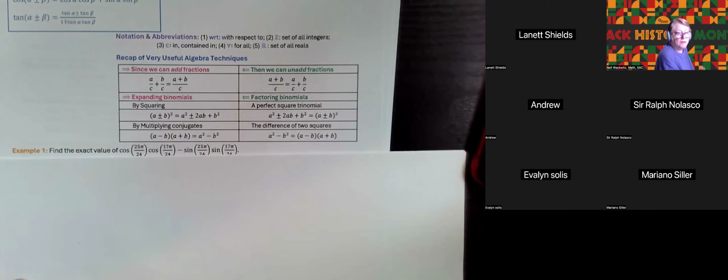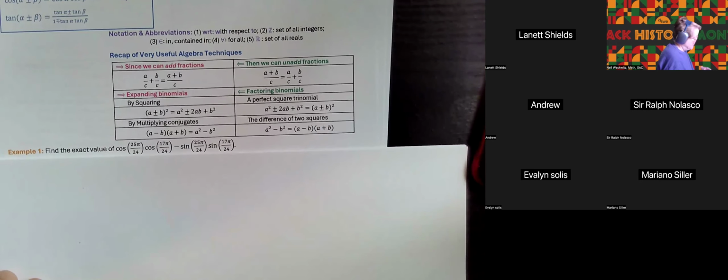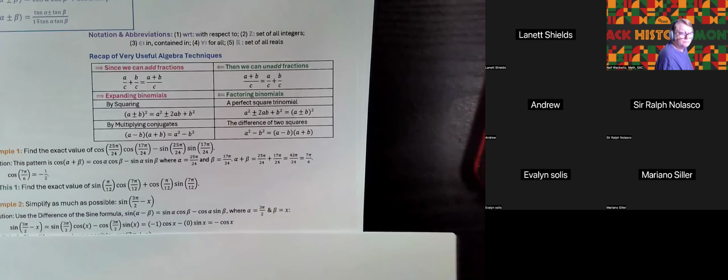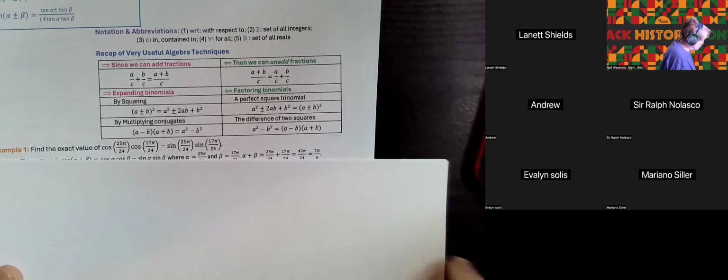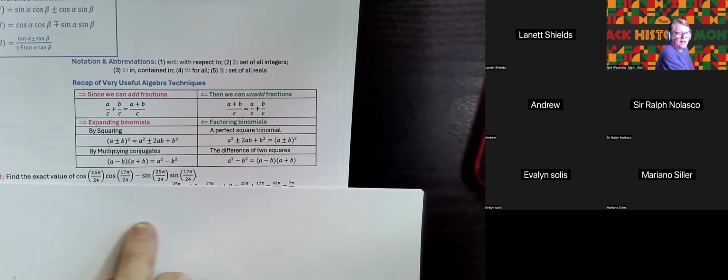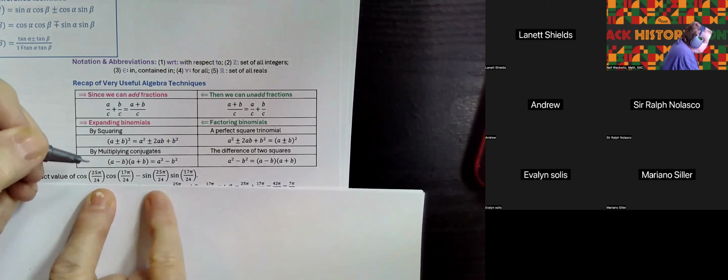I did one somewhat different thing in these notes, and that is that I included the solution. But so say we want to find the exact value of something horrible looking. Let's first just notice that we've got a repeat.